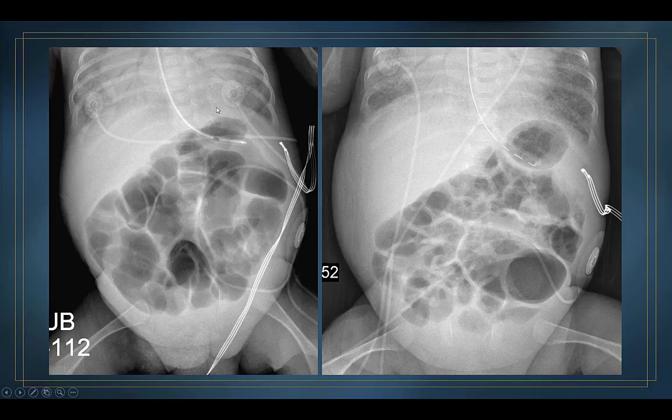They didn't do a decube. I'm not sure whether he would have had air fluid levels or not. But they certainly have to decompress it, and you can see they have partially accomplished that. So that's just another bizarre cause for functional bowel dilatation that's sort of unique to our population because of the importance of referring these kids for adequate ophthalmologic examination.